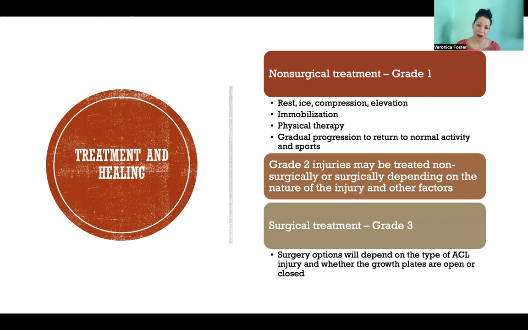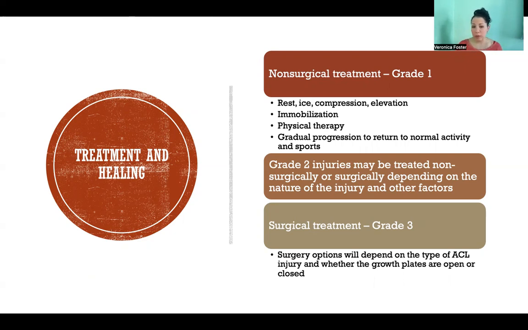Grade 2, again, are pretty rare. The treatment is going to depend on the nature of the injury, because if it's partially sprained, there might be a partial tear. Depending on exactly what is torn, what the symptoms are, how severe the tear is, it might be treated non-surgically to see if it improves, and it may ultimately require surgery, just depending on how it goes with the non-surgical treatment. But again, that's a pretty rare case.